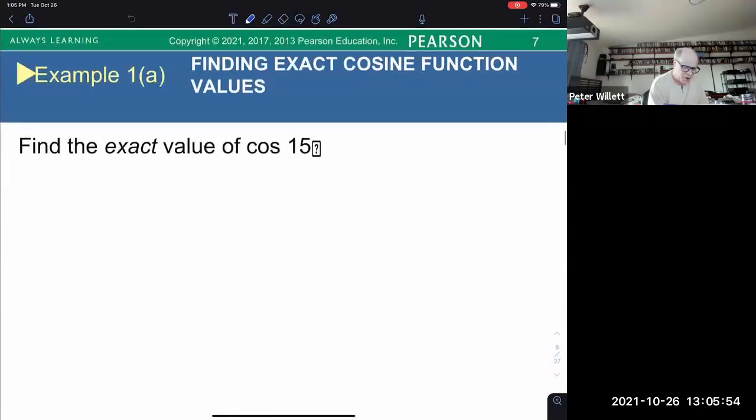All right, so this is cosine of 15 degrees. So what we're going to recognize is that 15 degrees could be expressed as 45 degrees minus 30 degrees. That 15 degrees is the difference between two angles that we know the sine and cosine of.